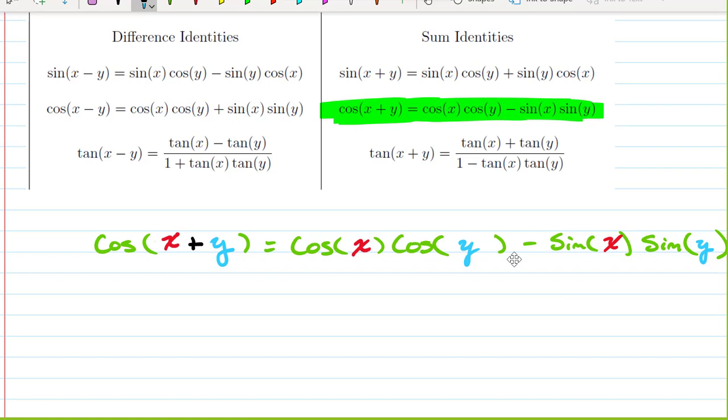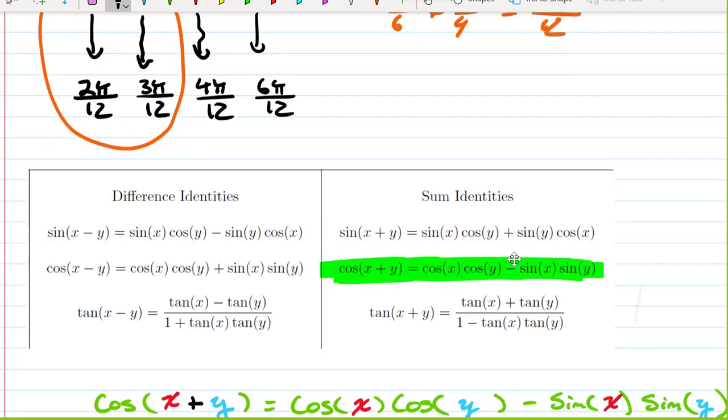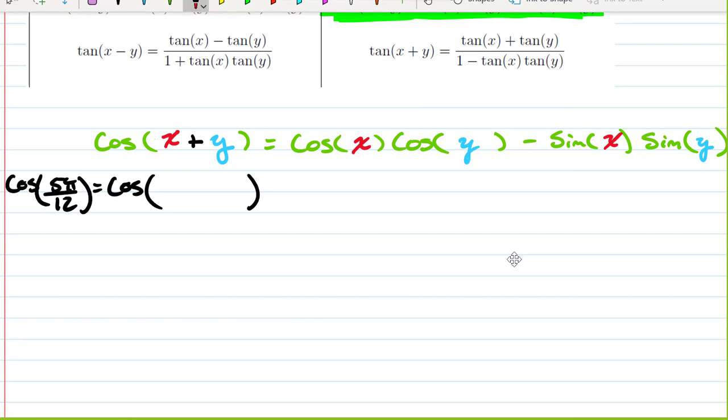So in our case, we want the cosine of 5 pi over 12, which we just found was the same as pi over 6 plus pi over 4. So then that means we're going to substitute all of that in.